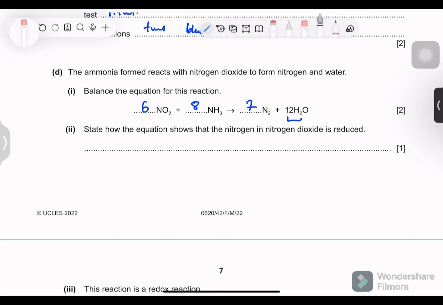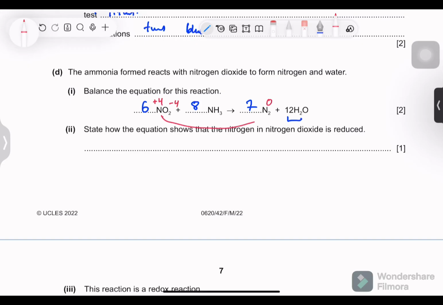State how the equation shows that the nitrogen in nitrogen dioxide is reduced. Okay, so if you look over here, oxygen has an oxidation state of -2, so two oxygen atoms will have -4 and the nitrogen will have +4. Now over here it has 0.